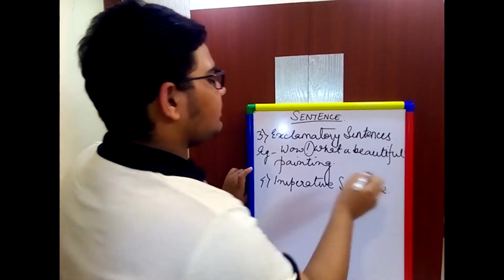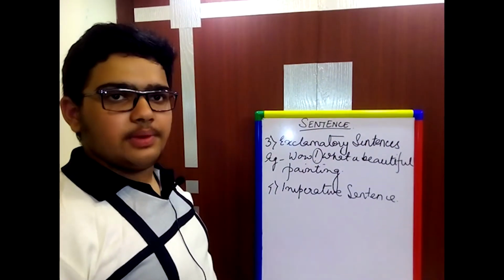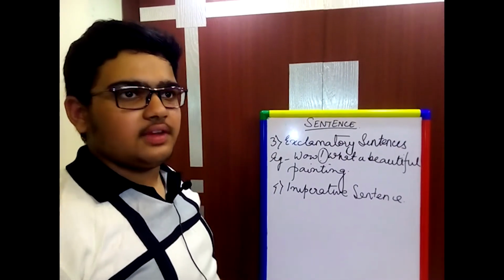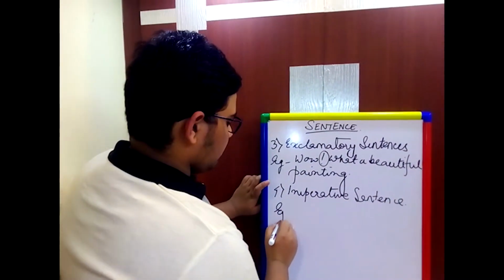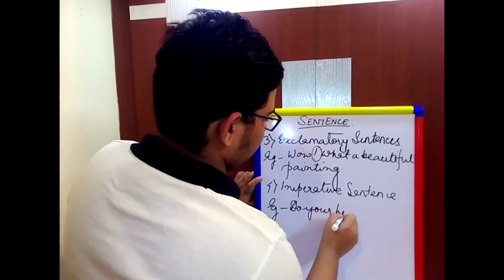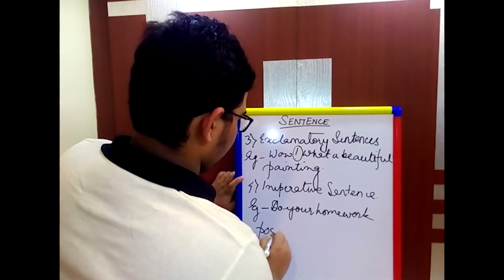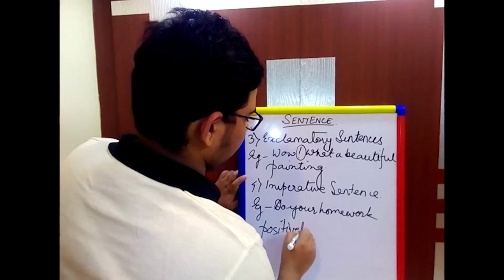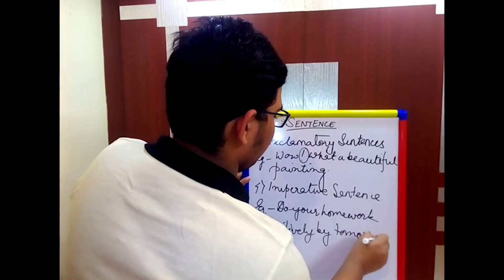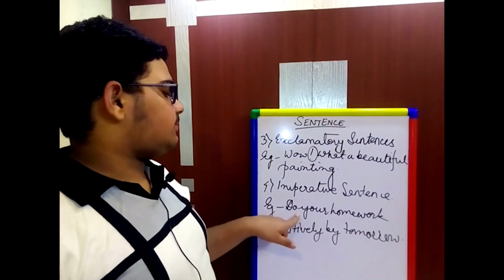Now, this imperative sentence is a type of sentence which either expresses order, request, advice, or some associated feelings. Now we can write, if we say that do your homework positively by tomorrow, it expresses an order.